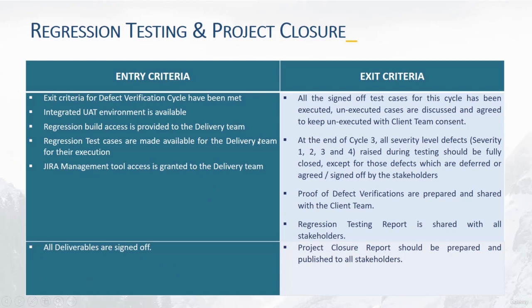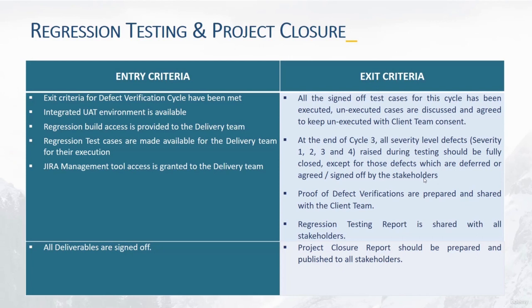And then the exit criteria here for the regression testing: we are expecting that the previous cycle has been executed, unexecuted test cases are discussed and agreed upon and kept unexecuted with the client team now.